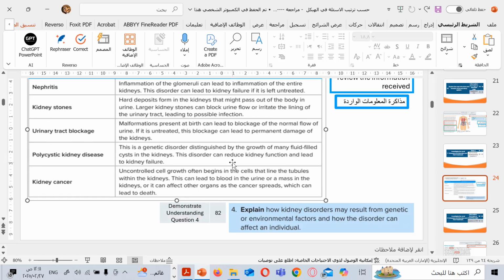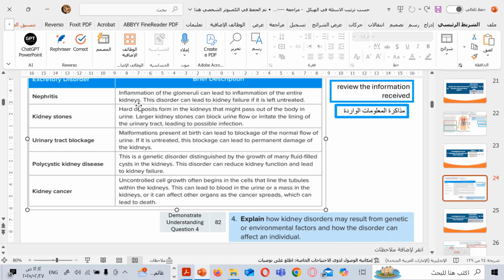And this is the question: explain how kidney disorders may result from genetic or environmental factors, and how the disorders can affect an individual. This is a general question.